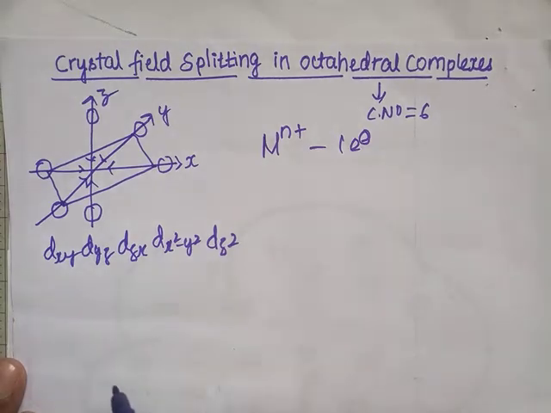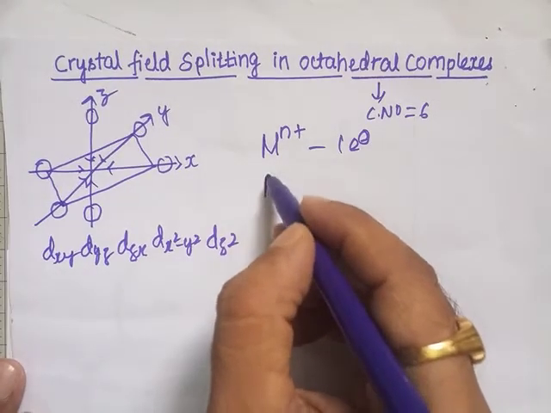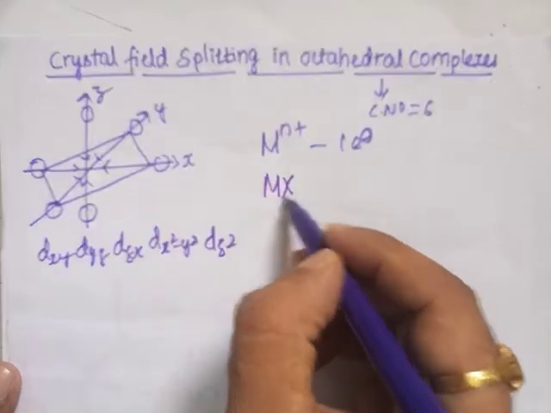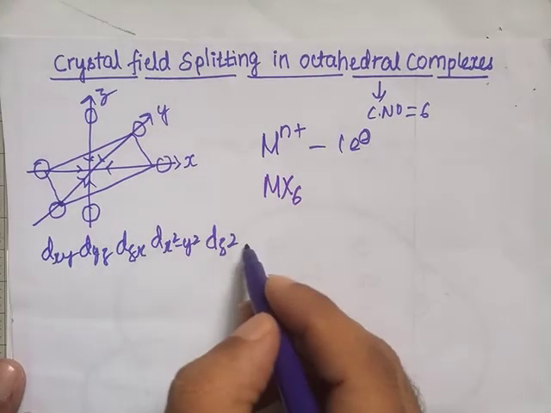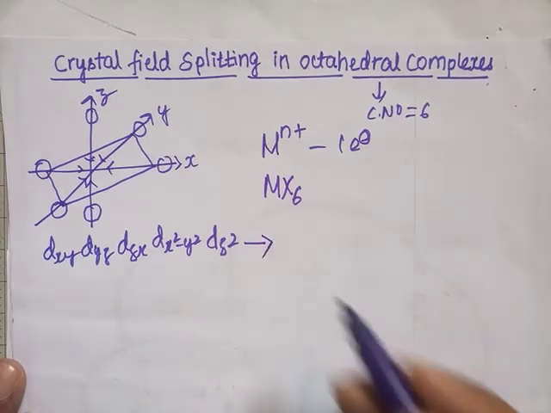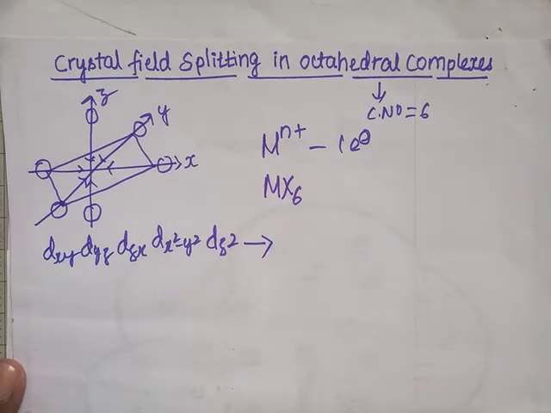But in an octahedral complex, that means in the presence of ligands, what happens? The energy of these 5 d orbitals will not remain equal.